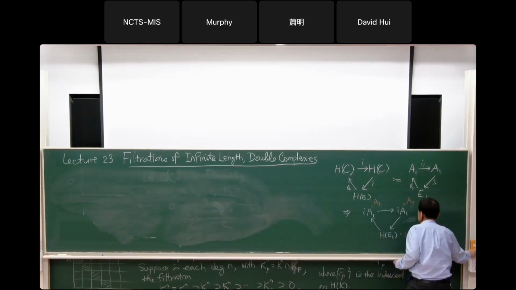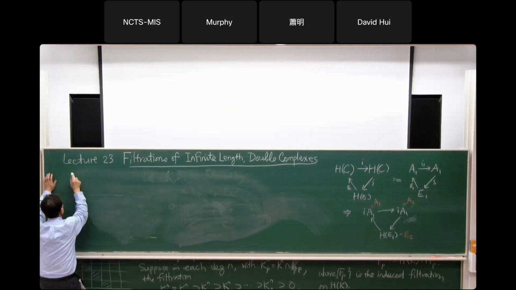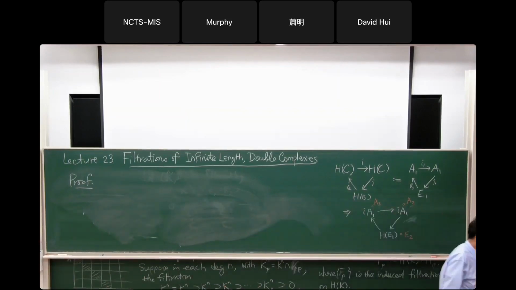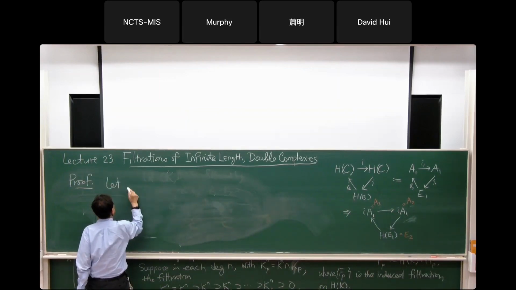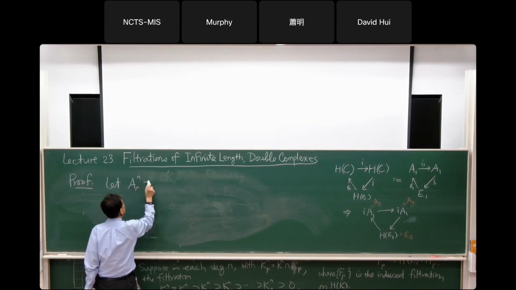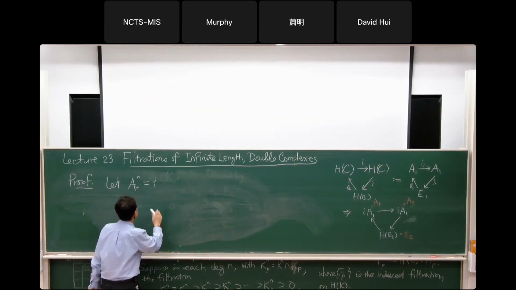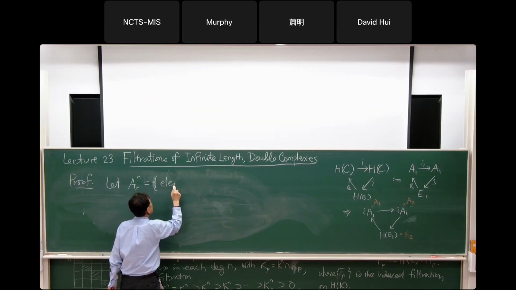All right, so we want to look at A1 in degree n. Start with that. Let A_r^n be the elements of A_r of degree n.